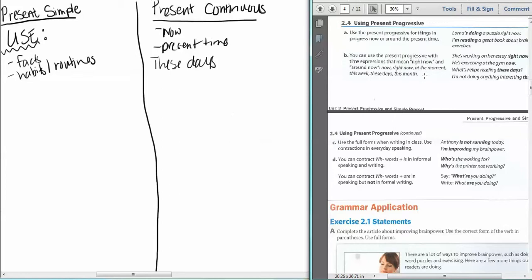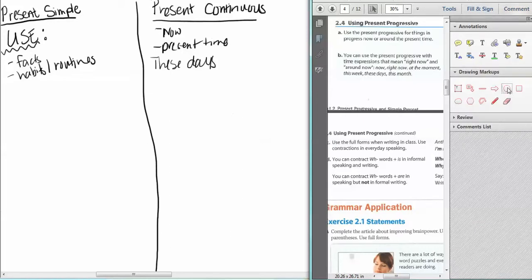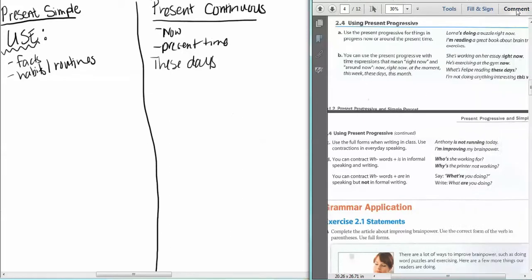So this right here is telling you, you can use the present progressive to talk about things that are happening right now, around right now.